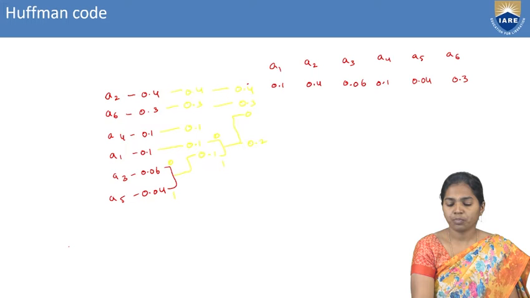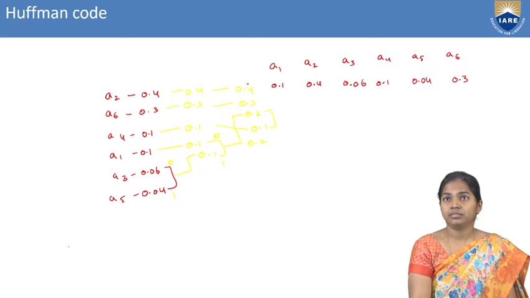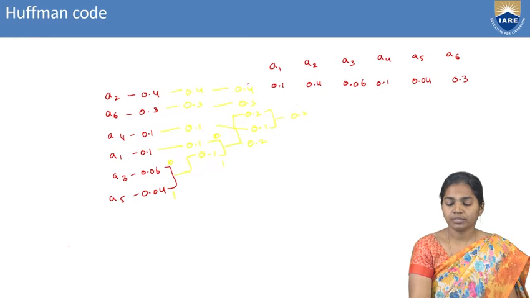These values 0.2, 0.1, add these two. Here it is 0.3. Here 0.3, here it is 0.4. Add these two. Here it is 0.6. And the next step is 0.6 and 0.4. Here it is 0, 1, and here it is also 0, 1, 0, 1.